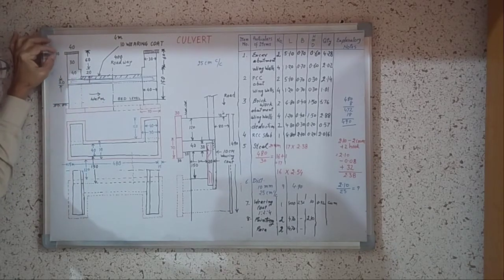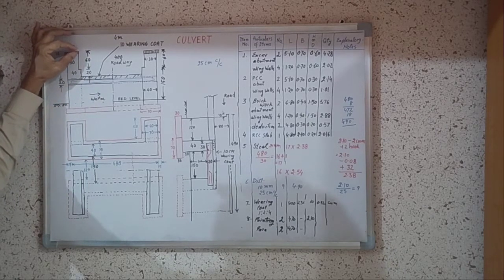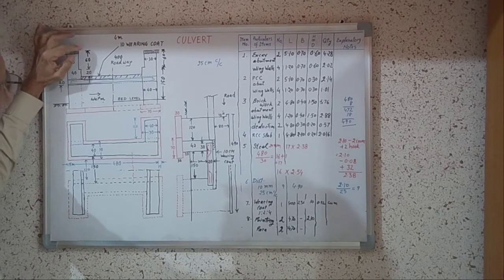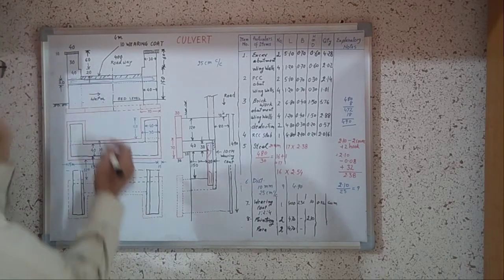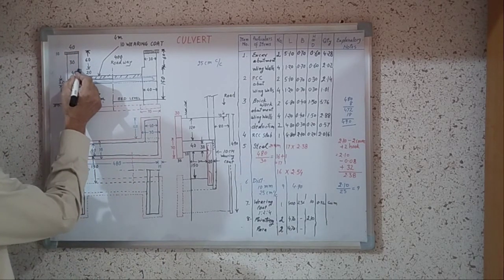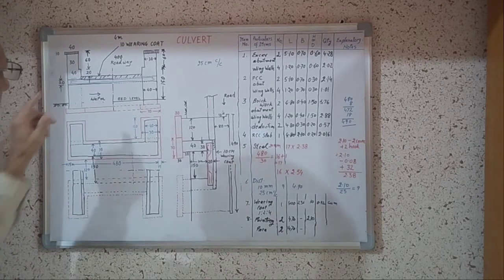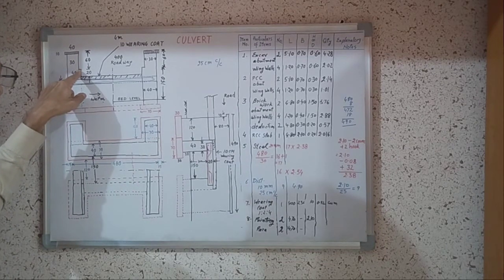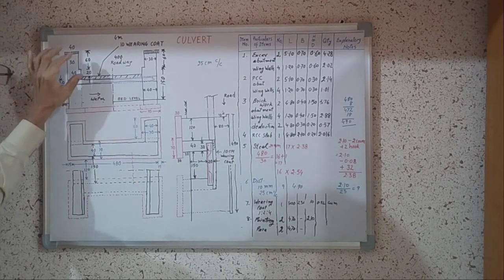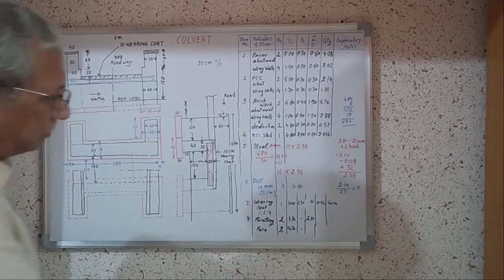But we will not do pointing on the coping. Therefore, height will be 80 minus 10, that is 70. But there is one offset, 10 centimeter. Therefore, we will add this 10 centimeter in the height. That is 70 plus 10, it will be 80.